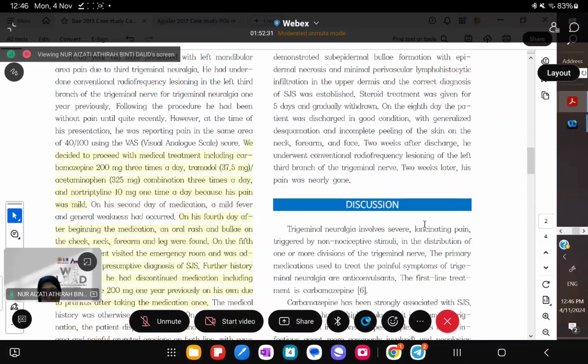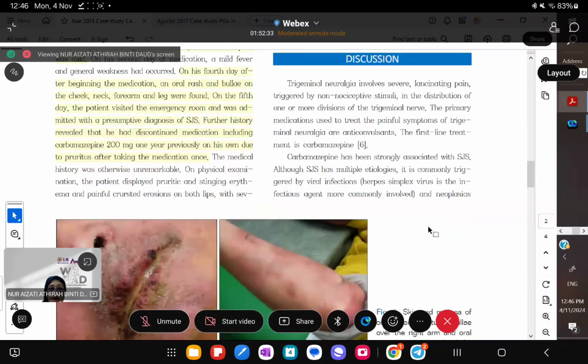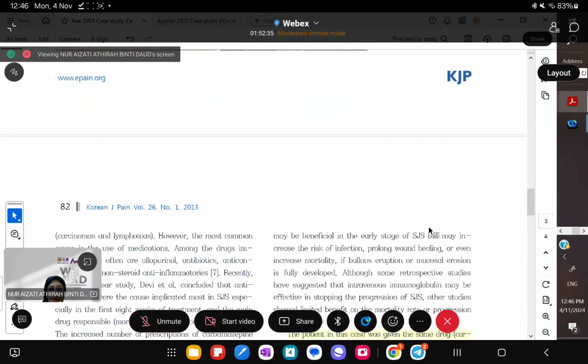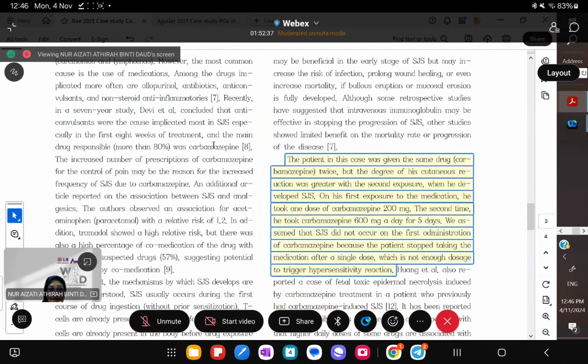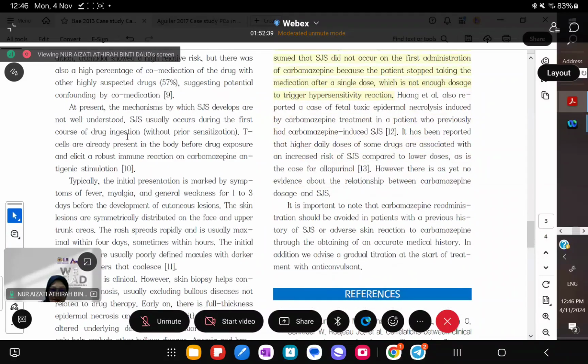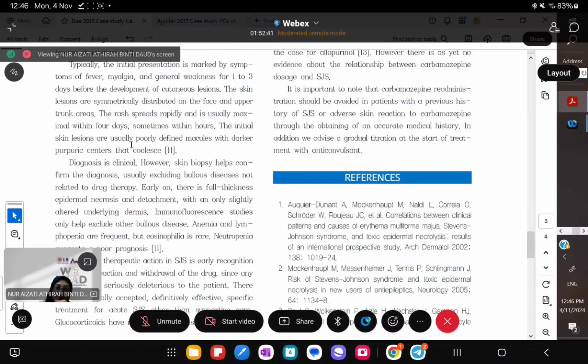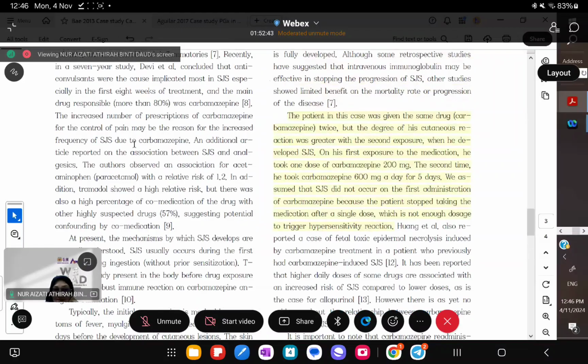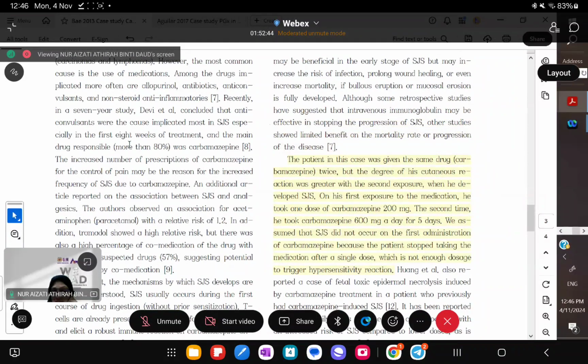Okay, for this case, the patient is likely to have, apa dia? For SJS and carbamazepine.